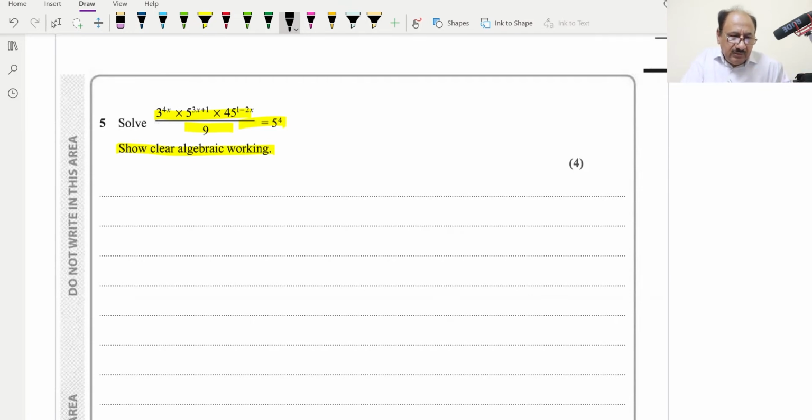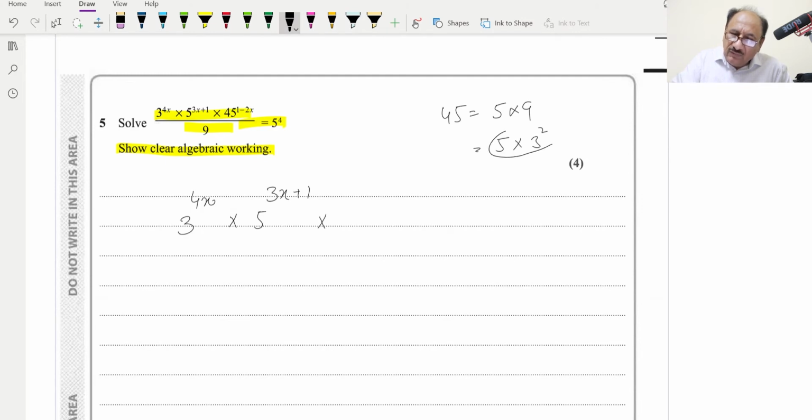So we can write everything in simpler form, for example 3 raised to power 4x as it is, and 5 raised to power 3x plus 1 also as it is. 45 we can write as 5 multiplied by 9, or we can write 5 into 3 squared, and we will utilize this over here.